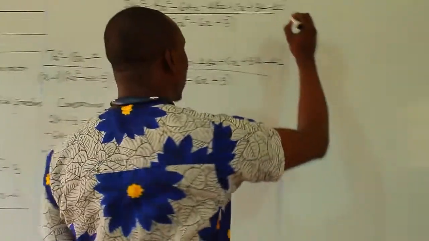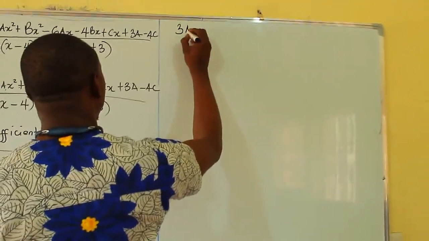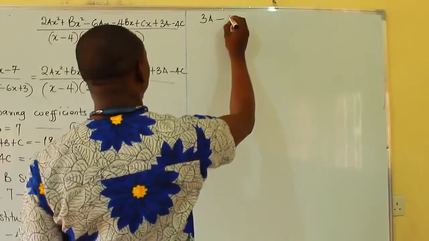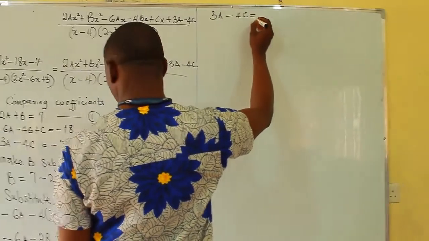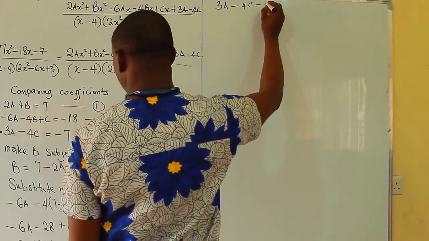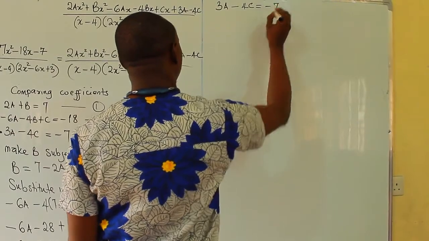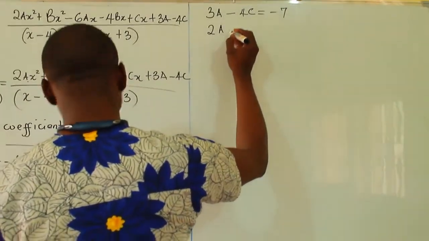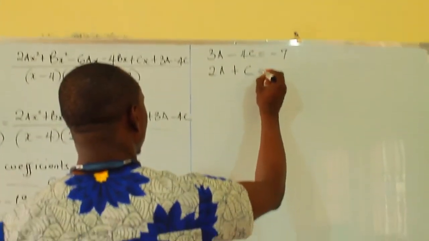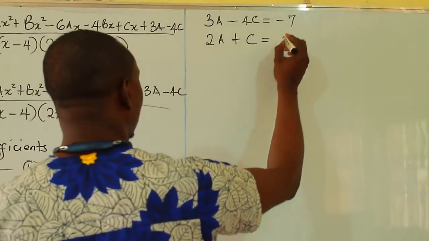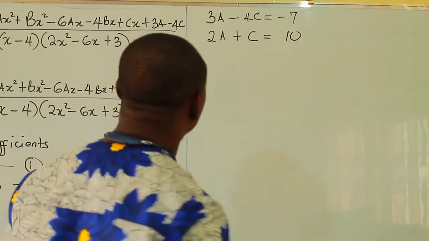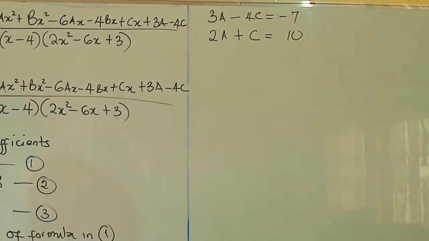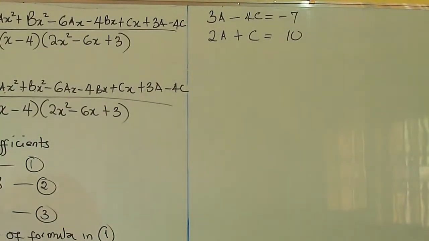I'll write it on this part as 3a minus 4c to be equal to minus 7 and then I'll have 2a plus c to be equal to 10. Once again, I'm going to make one of the variables the subject of the formula.